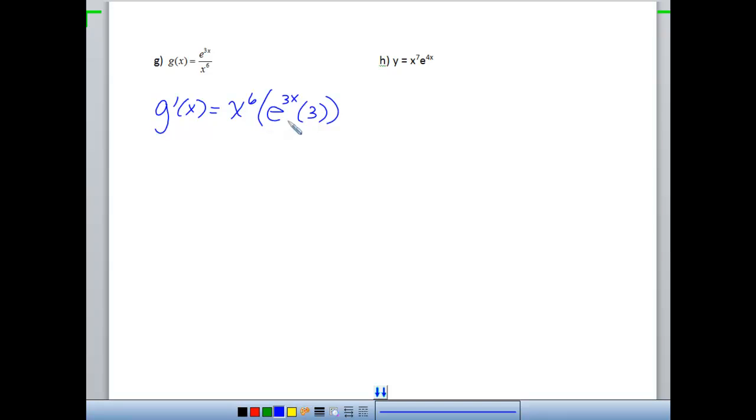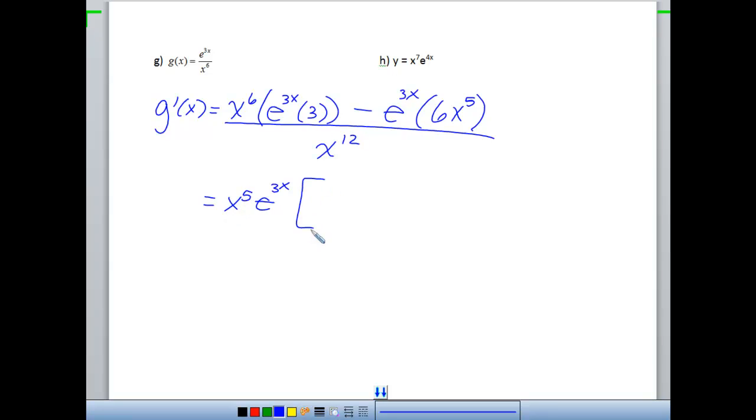Okay, so that's low d high minus high d low, which is 6x to the 5th, all over low squared, which is x to the 12th. And then we need to factor out. What can we factor out? e to the 3x and also x to the 5th.